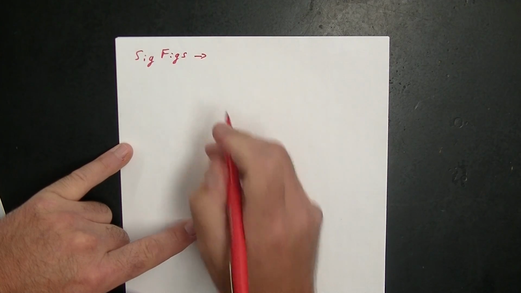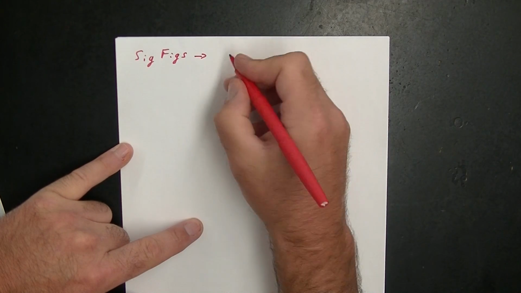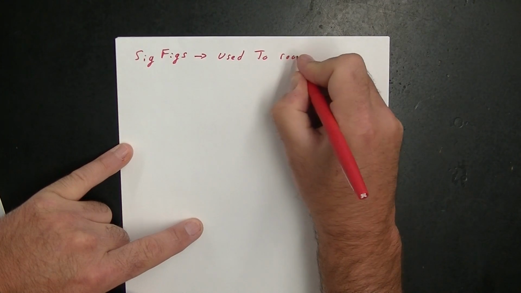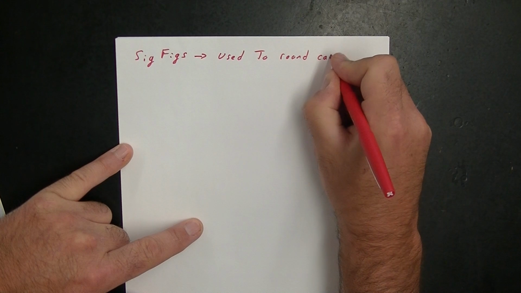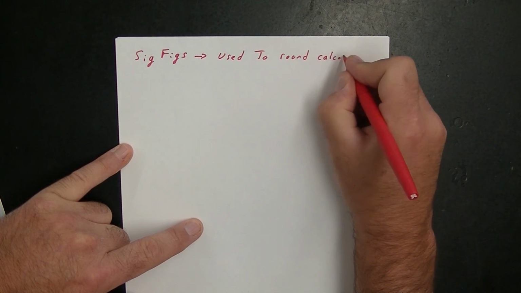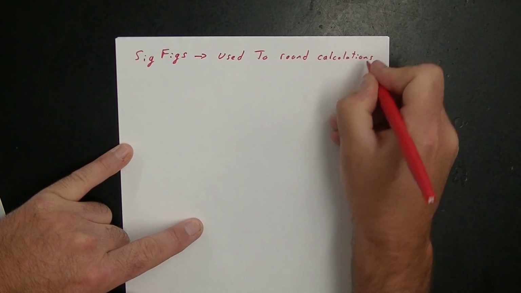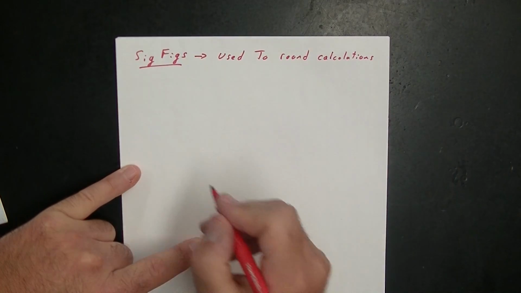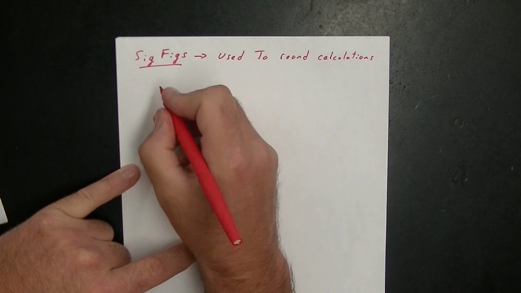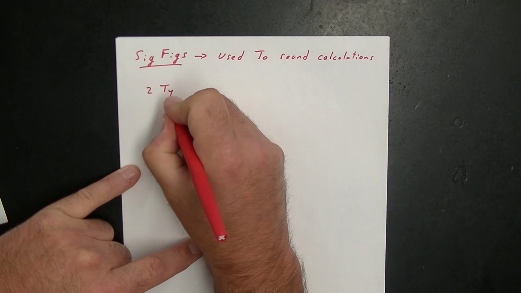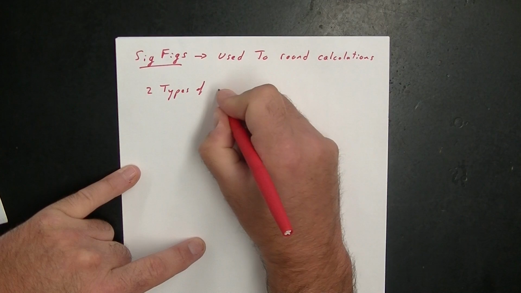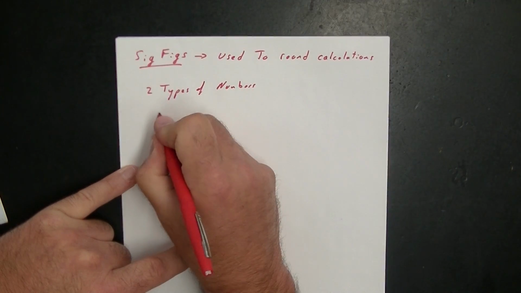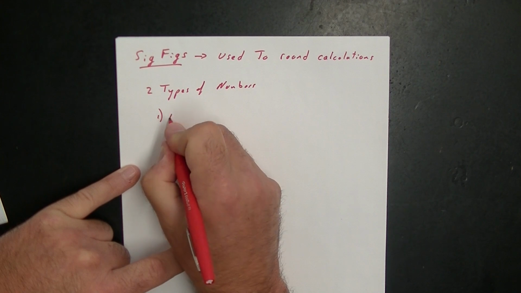And like I said, all it is, it's used to round calculations. That's what we use sig figs for. Now, we have to start with types of numbers. So we have two types of numbers. First of all, they're exact numbers.